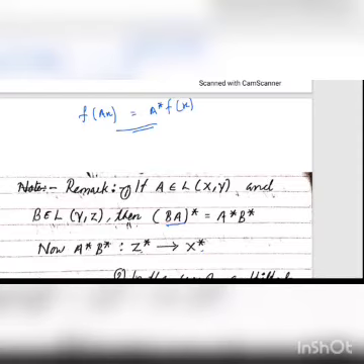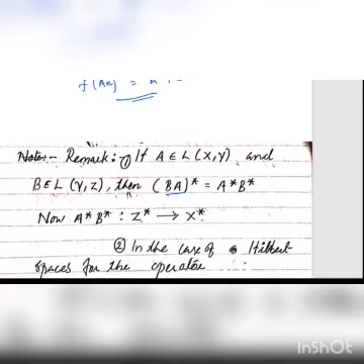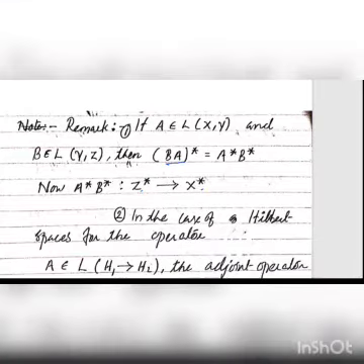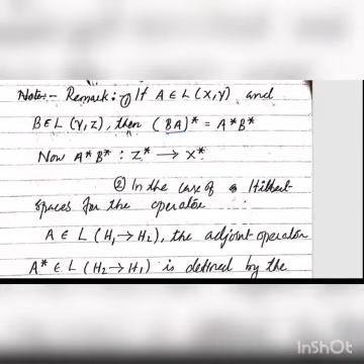So in case of Hilbert spaces, if A belongs to L of H1, H2, that is H1 and H2 are Hilbert spaces, you will say that A star is called the adjoint operator.